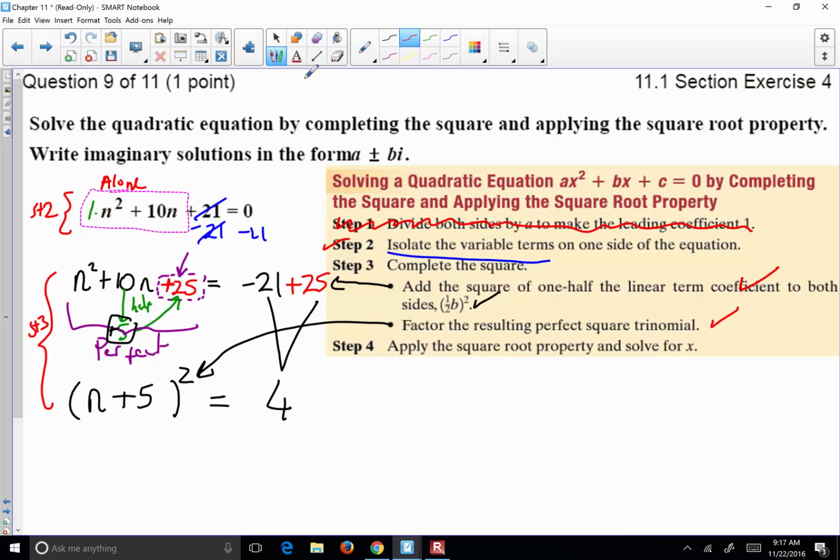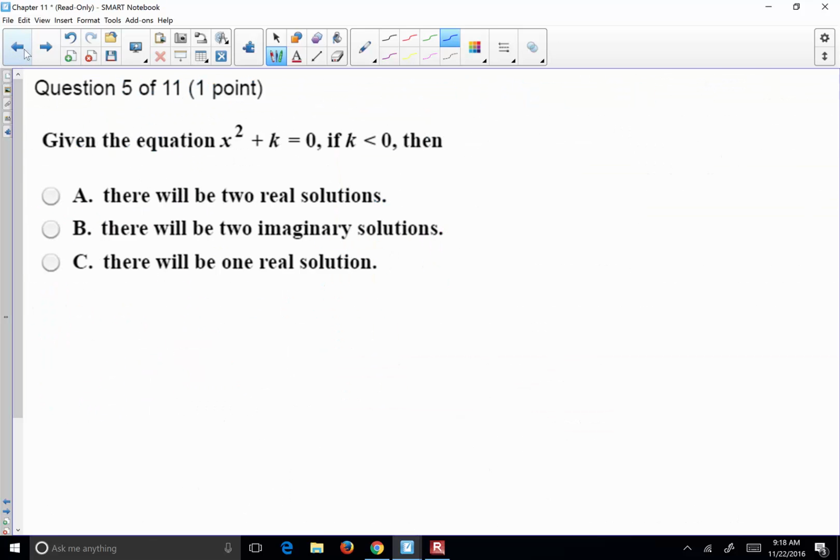Alright, step 4 is now you have a perfect square on the left and a number on the right. Look at this question. Put this in your mind, memorize.